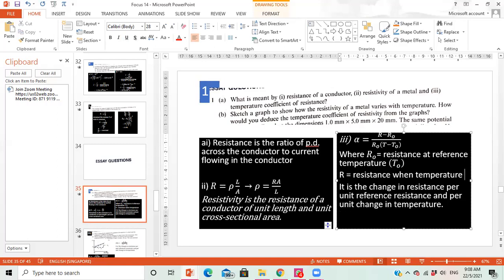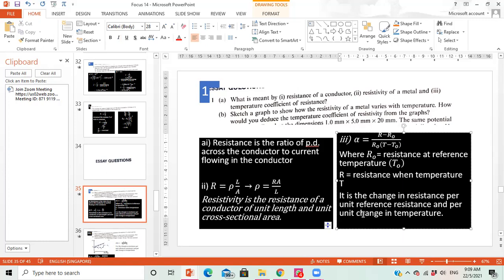Okay or not? Okay. Usually if you're not sure of the definition, you can write the formula. You write the formula, but you must tell the examiner what each of the symbols stands for.